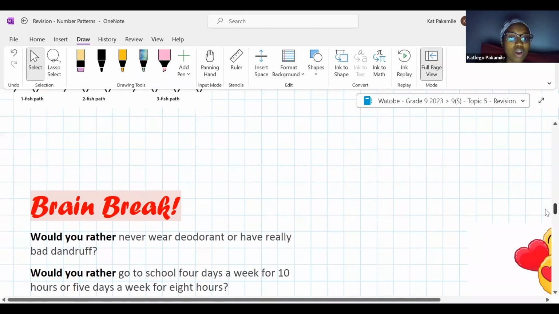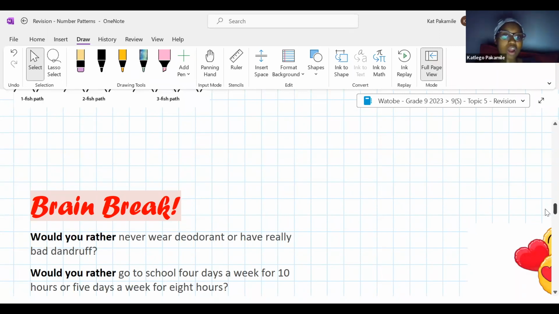Second one is, would you rather go to school 4 days a week for 10 hours or 5 days for 8 hours? Right now, you go for 8 hours, 5 days, but would you rather have it 4 days and they extend your hours? I think I would stick to 5 days. 10 hours is a long time. Do you want to concentrate for 10 hours?